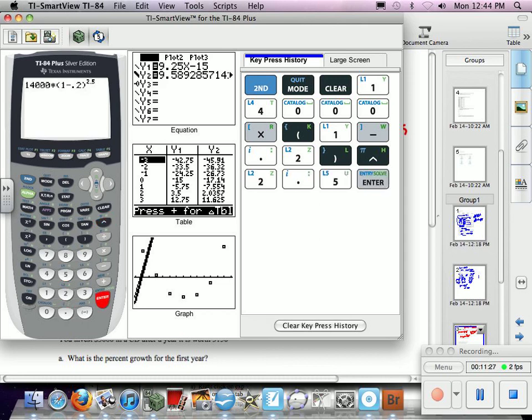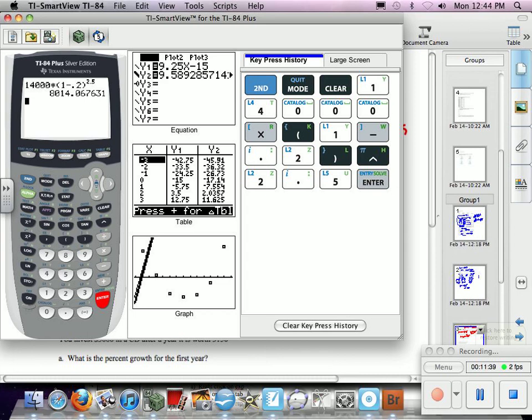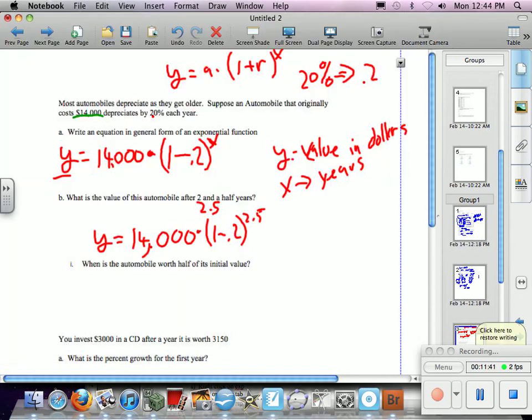You'll see I get 8,014, and since it's money, I'm going to round it to the nearest cent. So that equals $8,014.07.